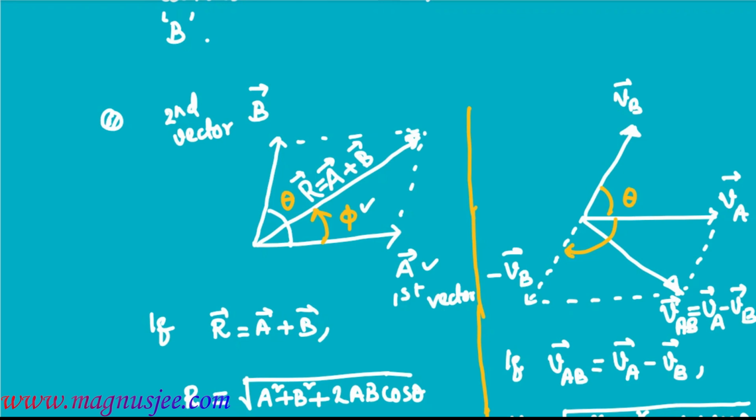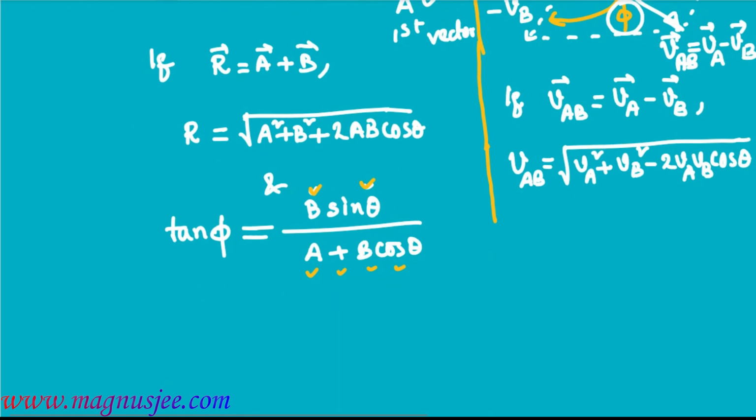The angle between vector VA and minus vector VB is 180 degrees minus theta. And vector VAB acts at an angle phi with minus vector VB. As phi is measured with respect to minus vector VB, minus vector VB is the first vector and vector VA is the second vector.